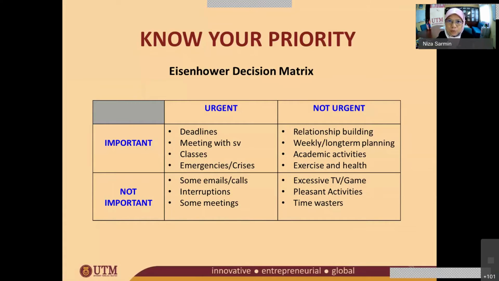Okay, classes, if you take class, that is the most important and urgent thing. You cannot skip class, right? Emergency or crisis, you have to take care of it. Important but not so urgent is a relationship and building a relation. Weekly or long-term planning, it's important, but probably it's for the whole week, right?